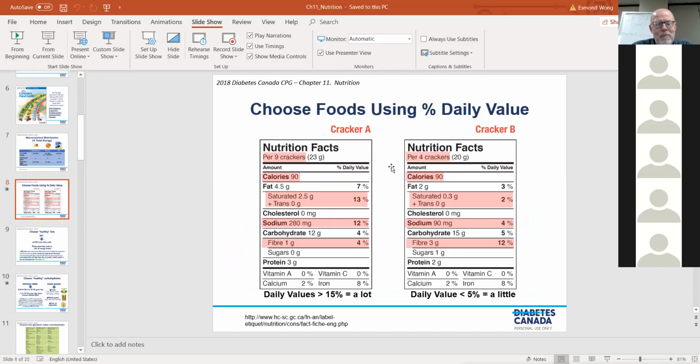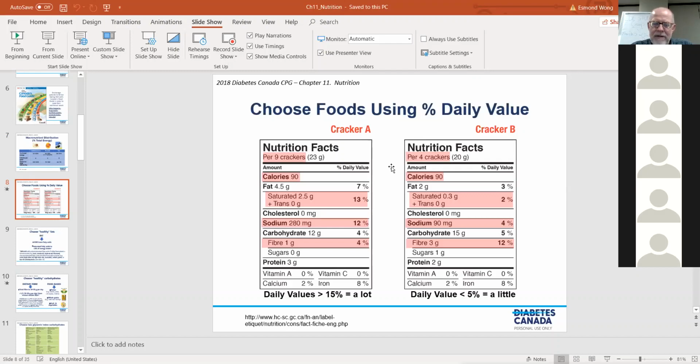What we're talking about? So the question here is with the slide where we're looking at the labels, there's daily values listed at the very bottom of the nutrition facts. So what it says on the slide is that daily values greater than 15% means that you're getting a lot from that. And daily values under 5% means you're getting a little. I only would use that if I'm talking to someone about high blood pressure and I'm concerned about sodium.